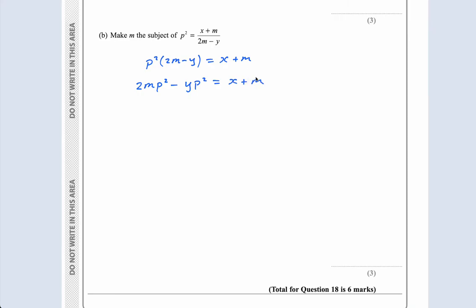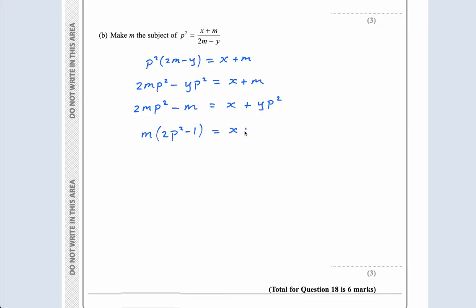I am going to bring my m's, I want all the terms with an m in it, on the left. So I'm going to subtract this m, minus m. And everything else, the x is there, but this minus y p squared, I'm going to add over here. Then, this is the kind of tricky bit, I factorize m, take out m, and I get 2p squared minus 1, because m times 2p squared is this, m times negative 1 is this.